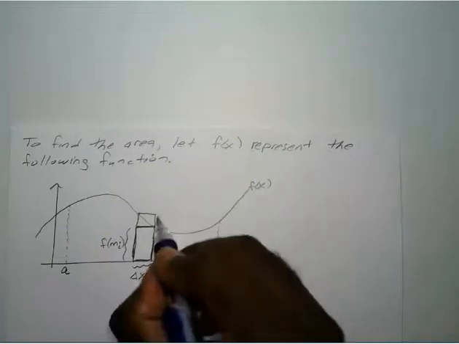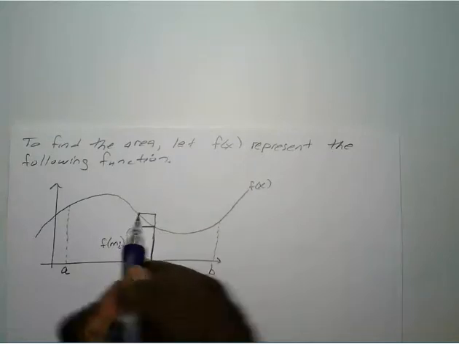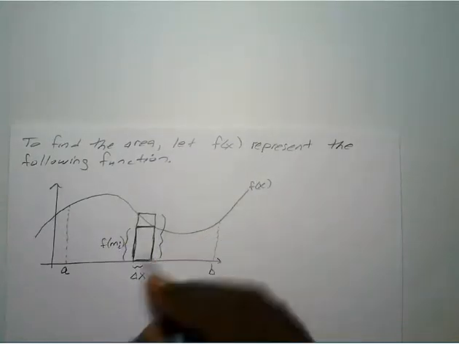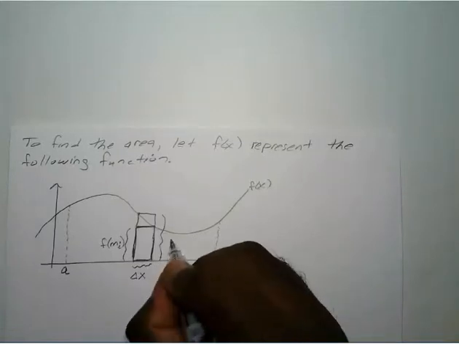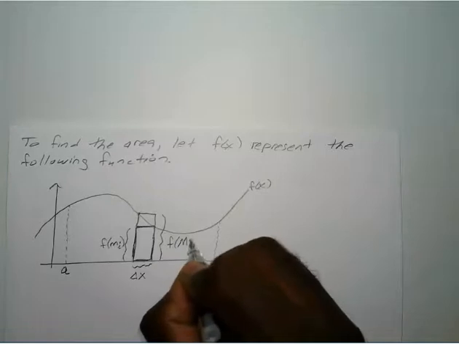Our circumscribed, since this is decreasing on this interval, our left endpoint is going to touch the graph. So the height at that particular point is going to be f of, let's say we use capital M sub i.